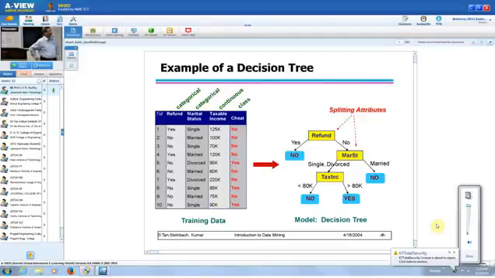Now, see, the splitting attribute is refund, that is taken as the first. And for that, the answers will be yes or no, right? So if your refund is yes, you say that he is not a cheat. Normally, when do you get a refund? When you file your income tax return, the department will examine that.